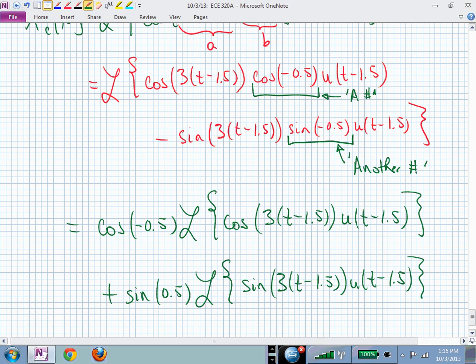I have the argument of my cosine the same as the argument on my switch. I have the argument of my sine the same as the argument of my switch. Yes. So what I did in that last line is I took sine of minus x to make that minus sine of x. Are we okay?